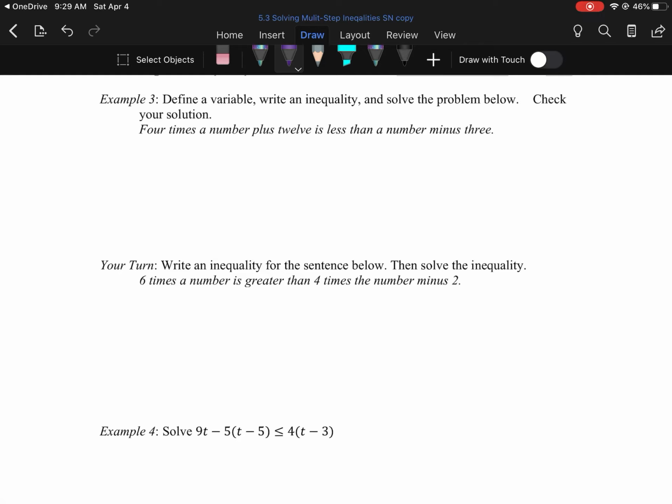All right, moving on to example 3. It says we have to define a variable, write an inequality, and then solve the problem. So it says 4 times a number plus 12 is less than a number minus 3. So now we have to define a variable. So we're going to say that x is equal to a number.